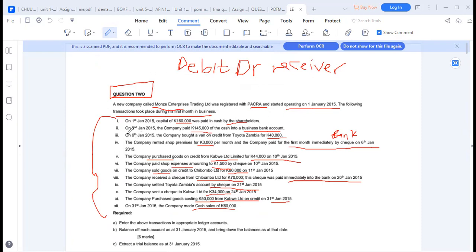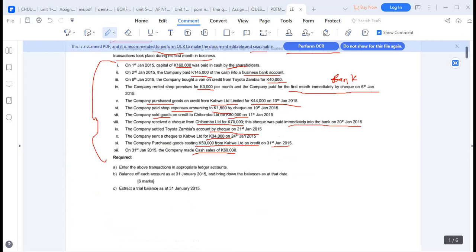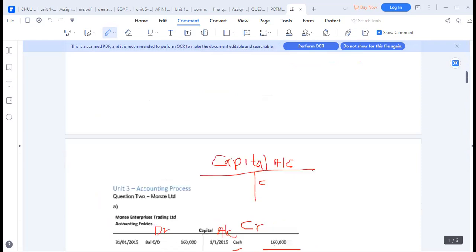Then on the second day of January 2015, the company paid 145,000 of the cash into the business bank account. So we are removing the money from cash and putting it into the bank.